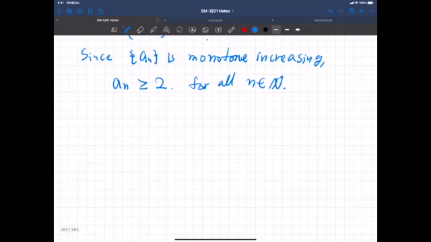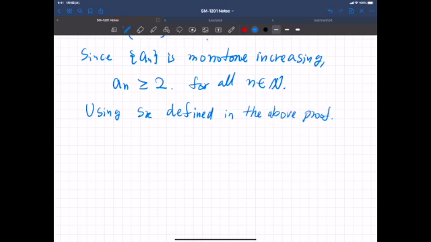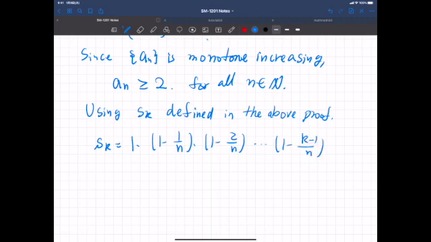Now let's see. Using the s_k defined in the previous proof, in the above proof. Remember, this is 1 times 1 minus 1 over n times 1 minus 2 over n, and so on, up to 1 minus (k minus 1) over n.